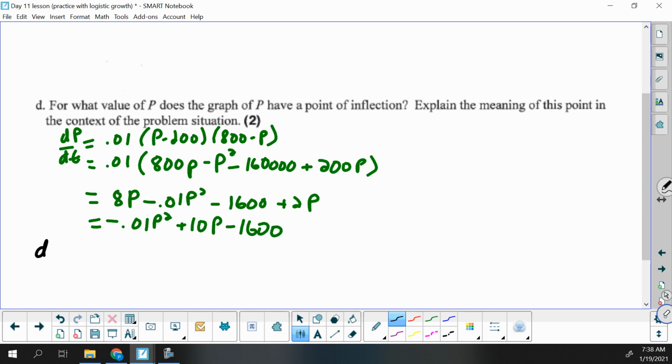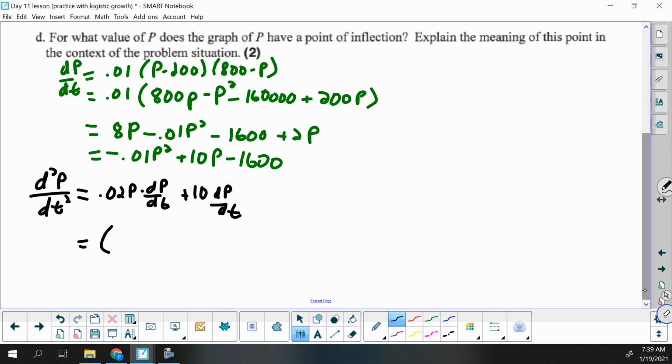So let's take our second derivative. Now notice we're taking it with respect to time, so we'll have a dp over dt for each of these. So we'll have 0.02p times dp over dt plus 10 dp over dt, and then that would just be 0.